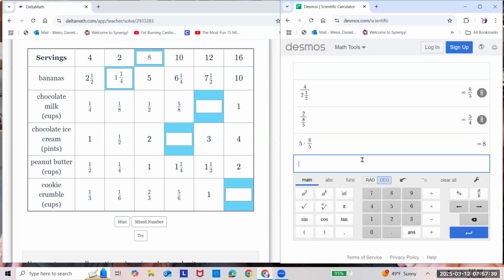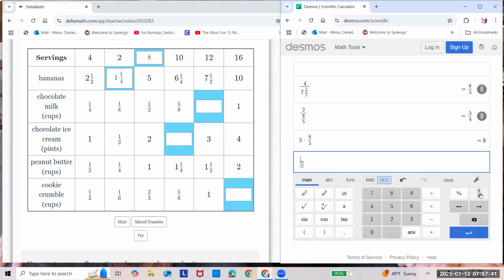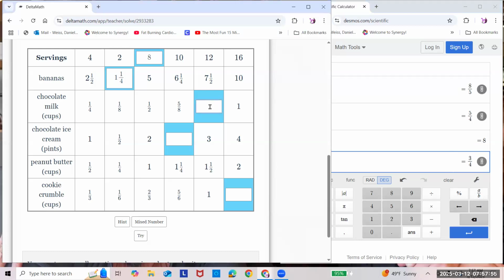Okay. Let's do 1 over 8 times 6. And that gives me 0.75. I'm going to convert that to fraction. And that gives me 3 divided by 4. And there's your answer there.